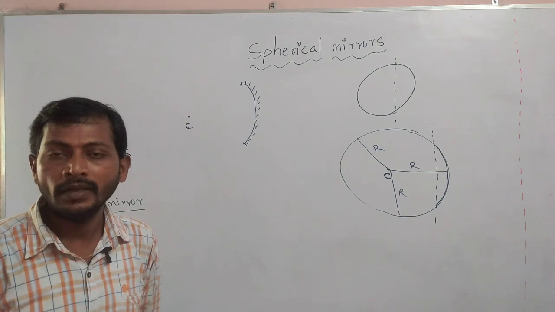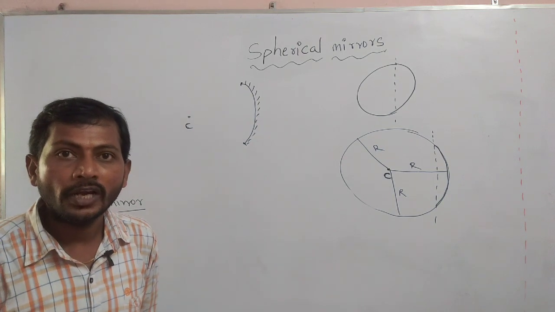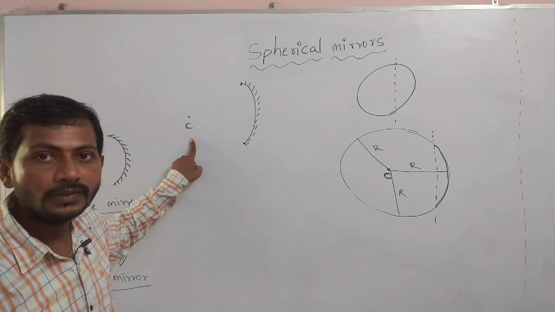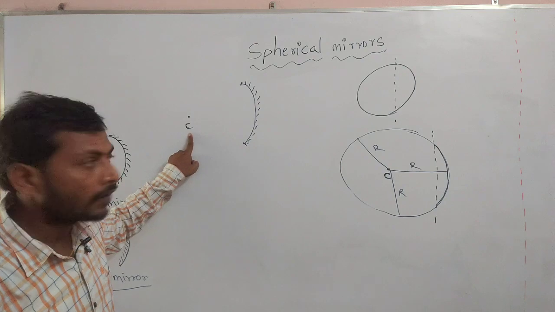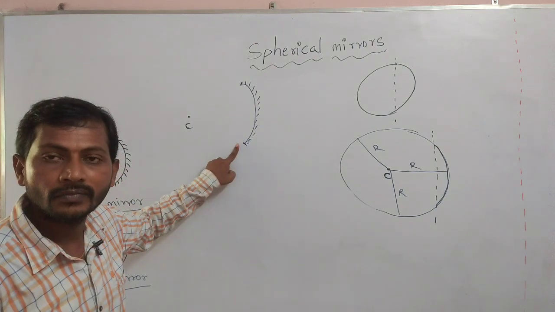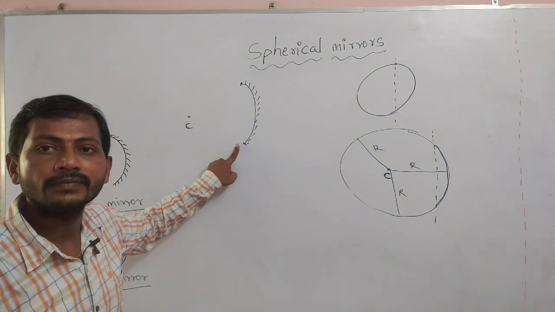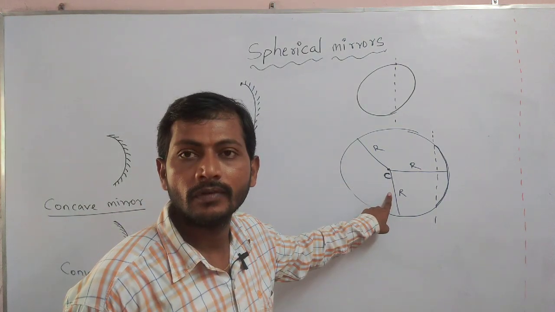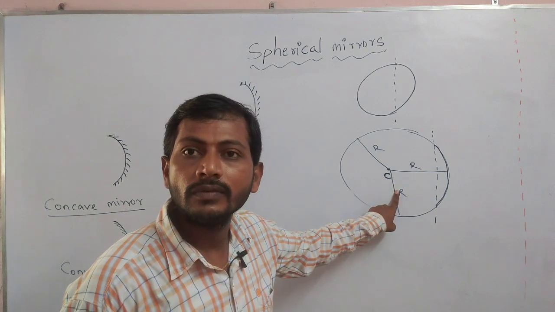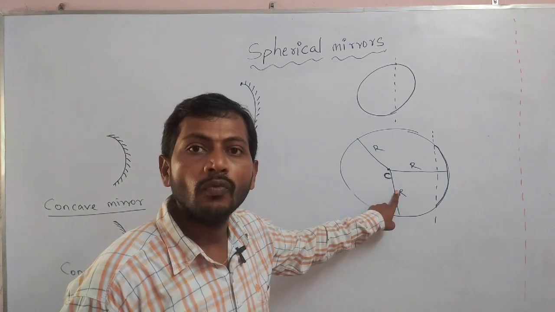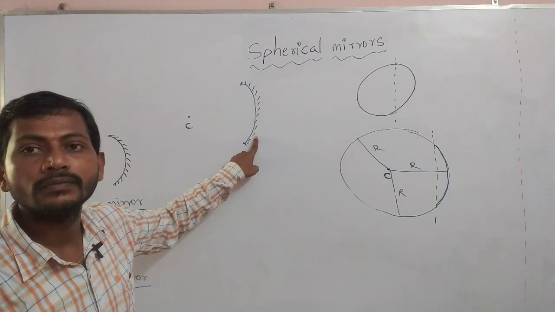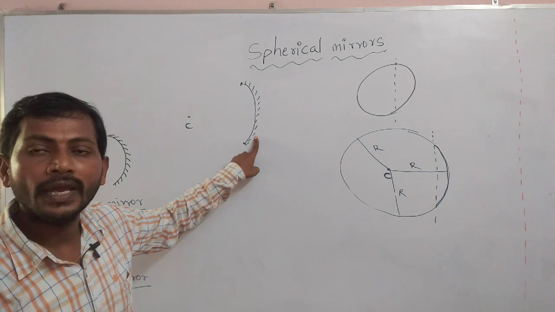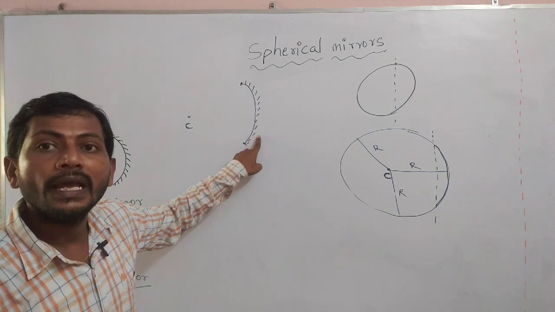Again, if you want to write, I am repeating it. What is meant by center of curvature? Center of curvature of a spherical mirror is defined as the center of the sphere from where we have taken the spherical curvature.